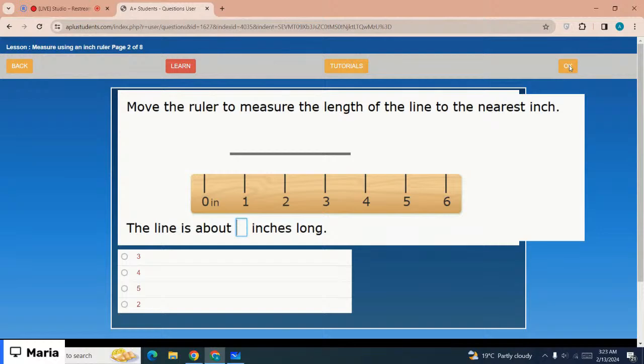Okay, move the ruler to measure the length of the line to the nearest inch. The line is about dash inches long, so which is the correct option?